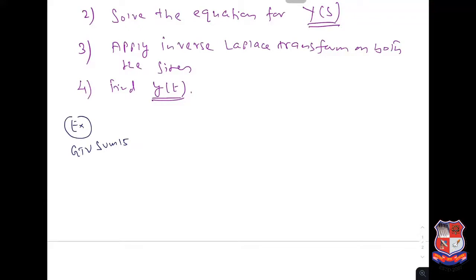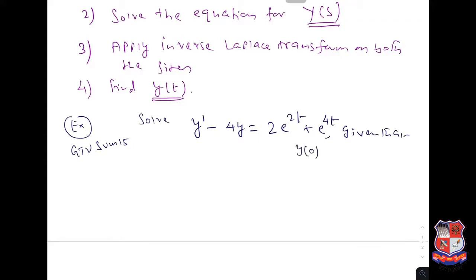So the example is like this: solve y dash minus 4y equal to 2 e power 2t plus e power 4t, given that y at 0 equal to 0.